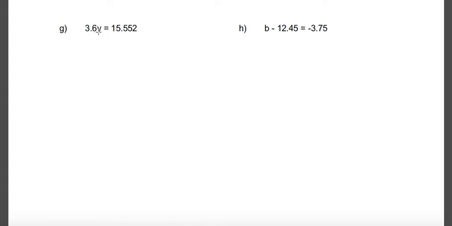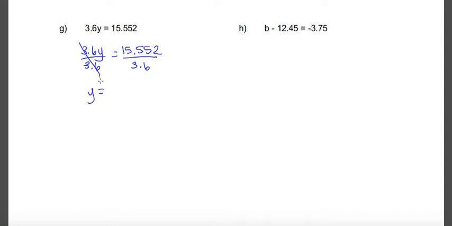The opposite of multiplication is division, so I have to divide both sides of my equation by 3.6. So 3.6y divided by 3.6 is equal to 15.552 divided by 3.6. So 3.6 divided by 3.6 is 1, so we're just left with y.